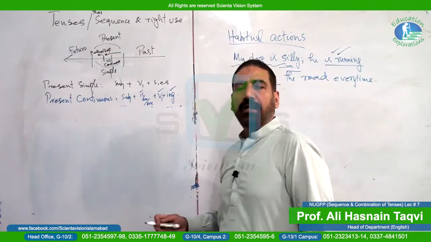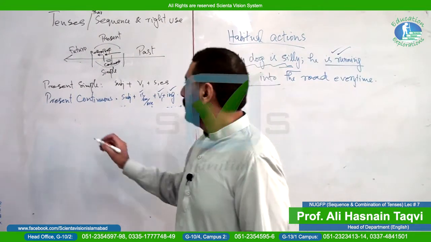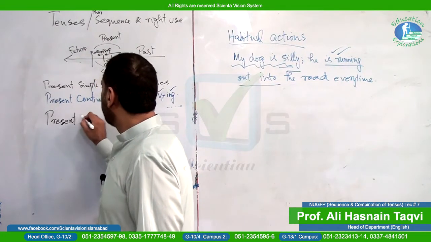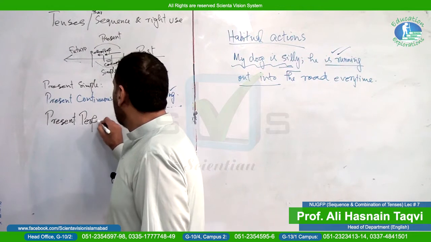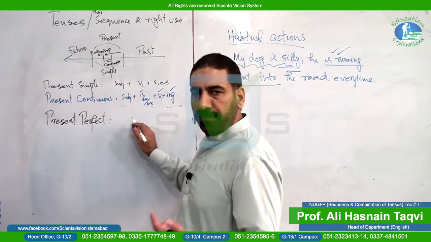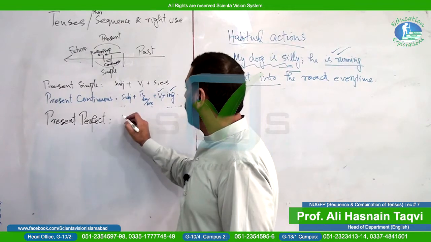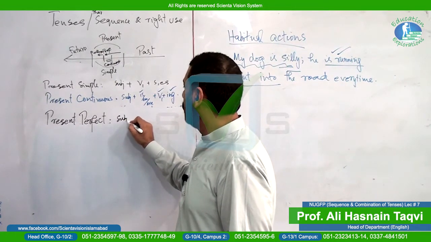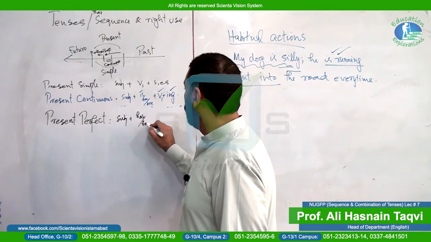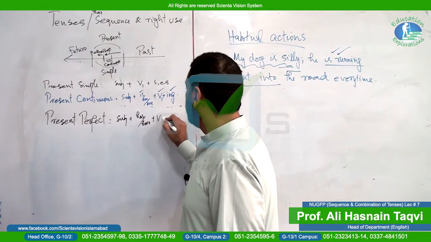Now we move to the third tense of present, that is present perfect. The rule I would like to give again for your better understanding is: with the subject you use has or have plus V3.